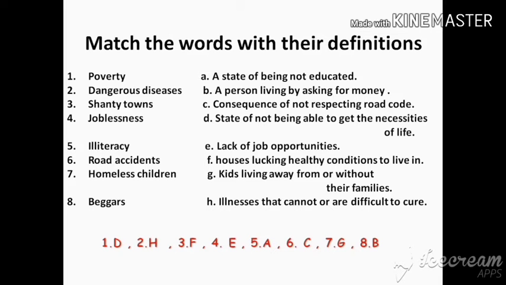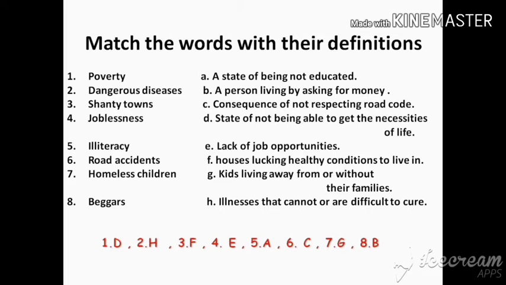Number 6 is C, road accidents is the consequence of not respecting road code. Number 7 is G, homeless children are kids living away from or without their families.